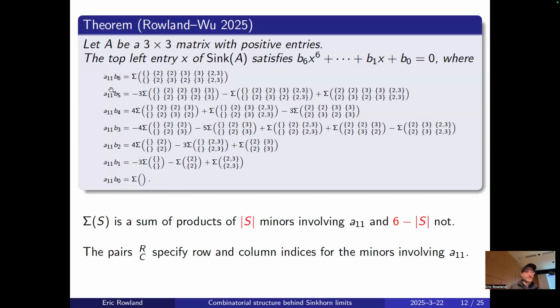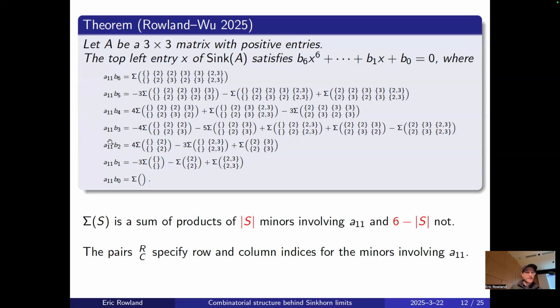But I want to point out one really nice property that's completely unexpected and that we still don't have an explanation for, which is that there's a symmetry in the coefficients. If you look at B1, the integer coefficients that arise are -3, -1, and +1. And on the other end, B5, they have the same coefficients, -3, -1, +1.